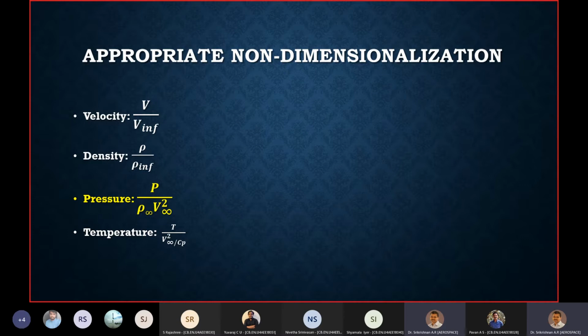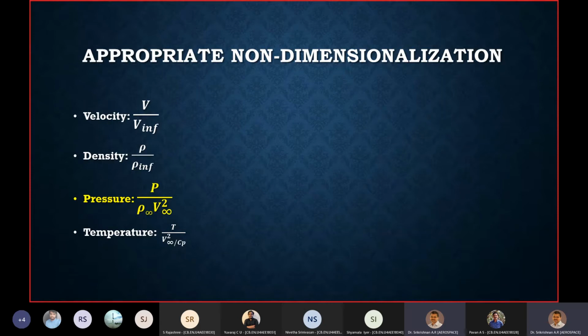V infinity squared is something related to kinetic energy, right? And energy will have the unit of Cp into T, right? So we have T on the top. So V infinity squared by Cp will have the same unit as temperature. So that non-dimensionalizes the temperature.